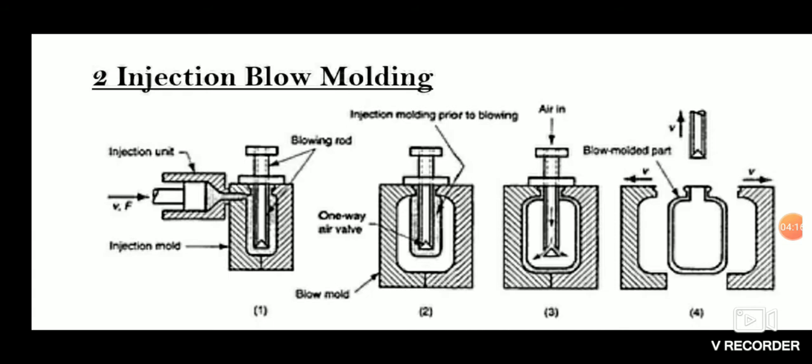Then the core pin is rotated to a blow molding station to be inflated and cooled. This is the largest used of the three blow molding processes and is typically used to make small medical and single serve bottles. The process is divided into three steps: injection, blowing, and ejection.